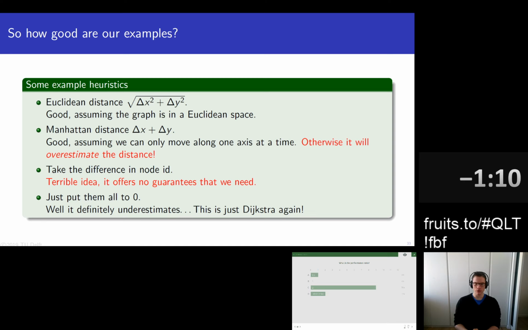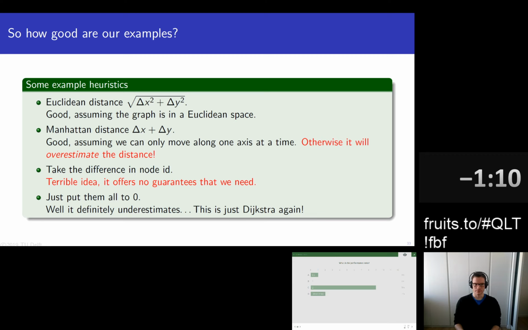Well, yes, provided that constant is smaller than the smallest edge in our graph. If it's not smaller than the smallest edge in our graph, then we could be overestimating distances again, and therefore things could break. But if I know the smallest edge in my graph has a weight of 5, I can safely put my heuristic to weight 4. The question is, why would you? If you do, well, you might as well put them all to 0, right?